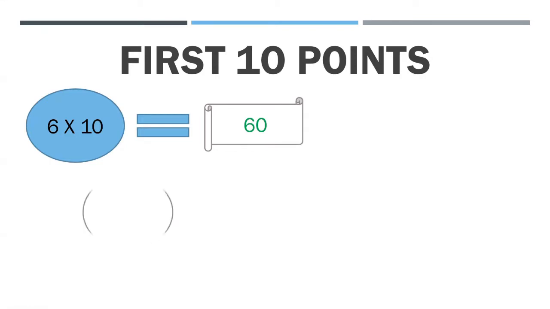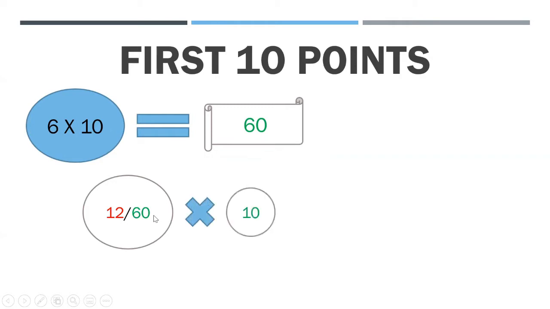For example, let's say out of everything that we do, Sumit gets 12 out of 60, right? So I will say 12 divided by 60 times 10, your first 10 points.